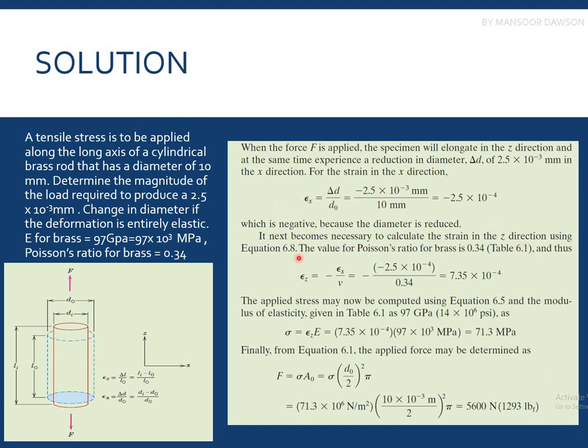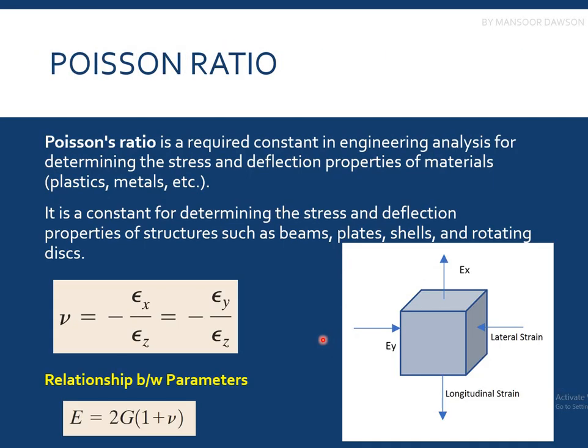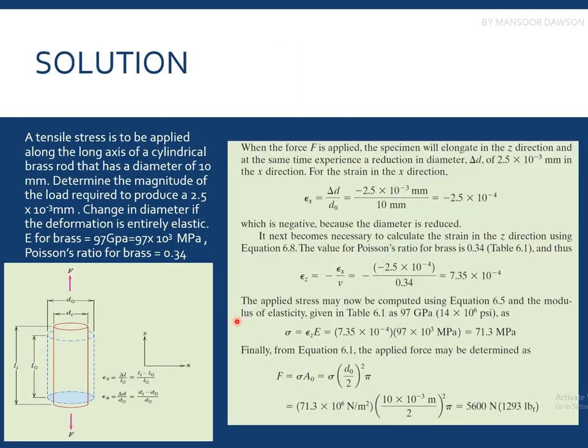Alright, so now we studied that the Poisson's ratio was the lateral strain upon the longitudinal strain, in this case epsilon x upon epsilon z. So we'll rearrange the equation and we'll put the Poisson's ratio over here. We'll put the negative sign as well, so then the negative cancels, and we'll divide these values to get 7.35 to the power minus 4.